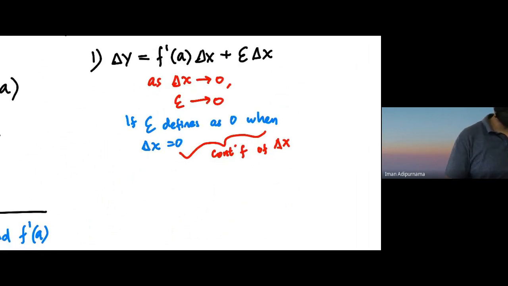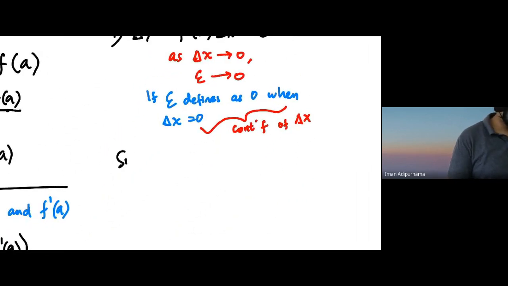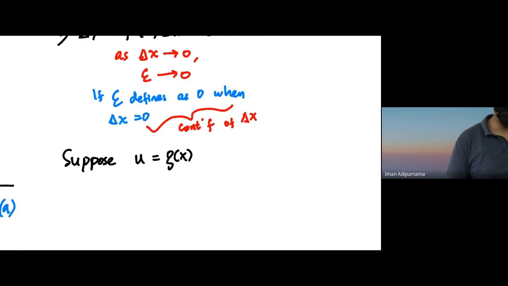And then suppose we have another function u, which is g of x, and we also have y, which is f of u.